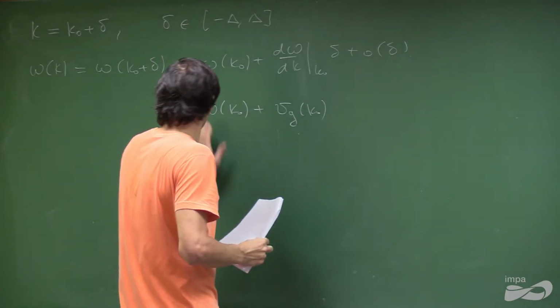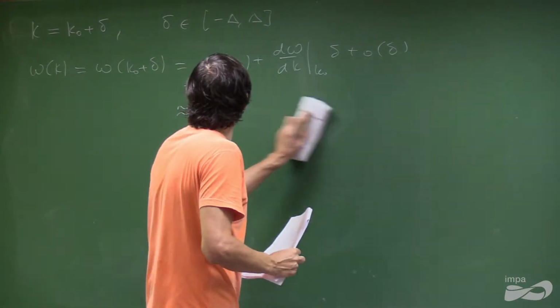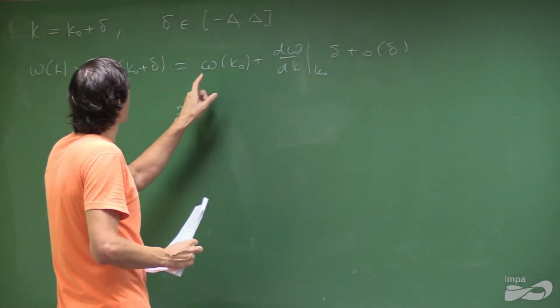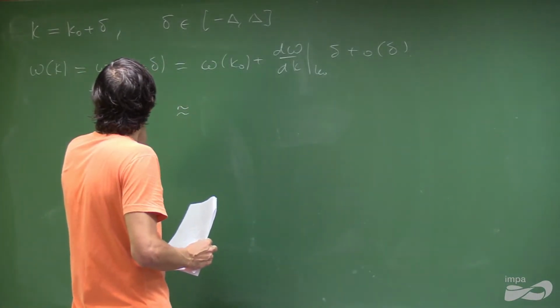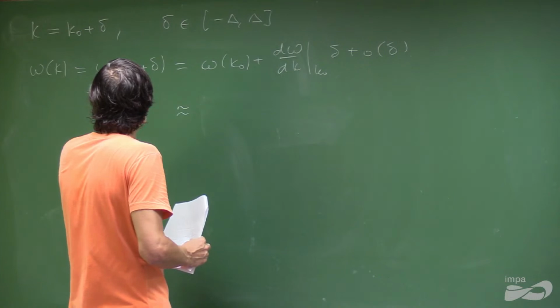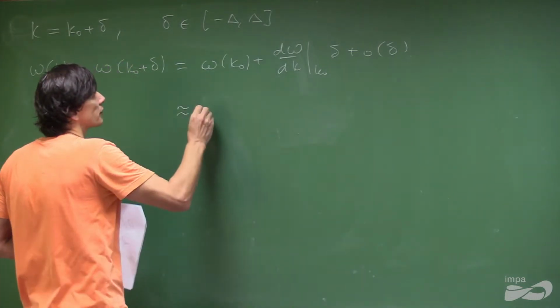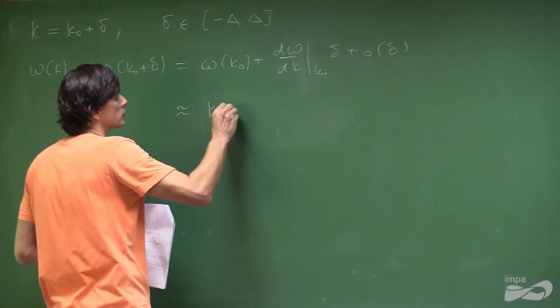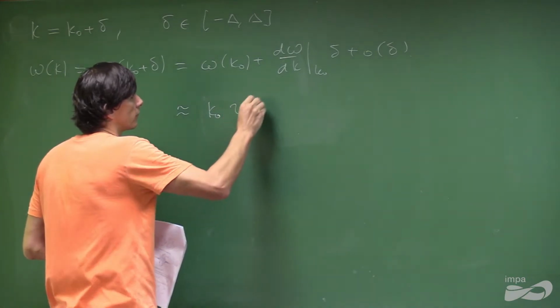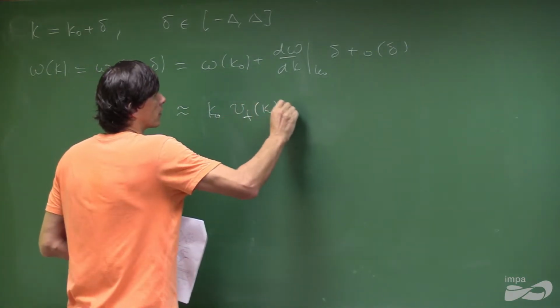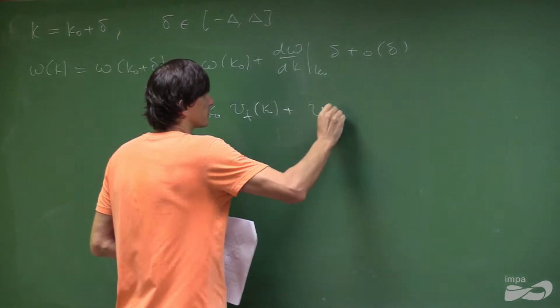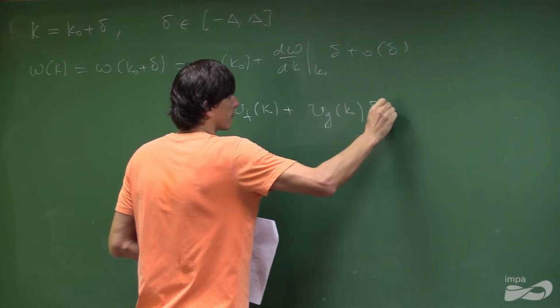And let's write it. This can be written as k0 times the phase speed, and this can be written as the group speed.